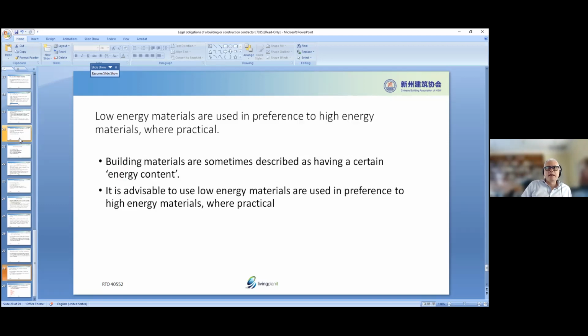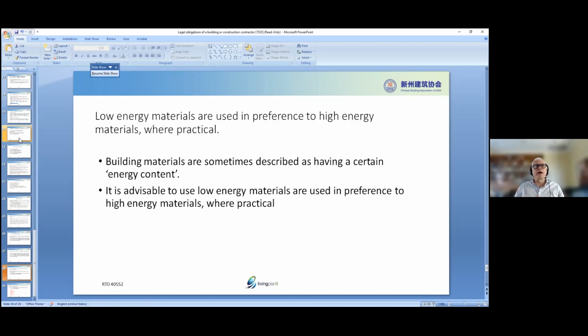Use that. And use low energy materials instead of high energy materials. What does that mean? Low energy means something that is easily converted to a material. So again, timber, wood, right? We cut the tree down. It's easy to convert that into a piece of timber to do a timber frame building. However, steel, aluminium, they have a lot of process to go through.